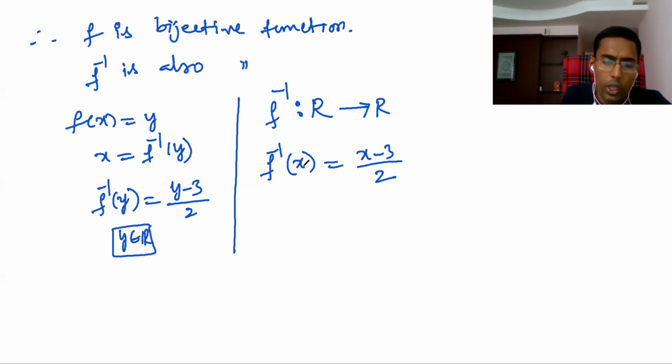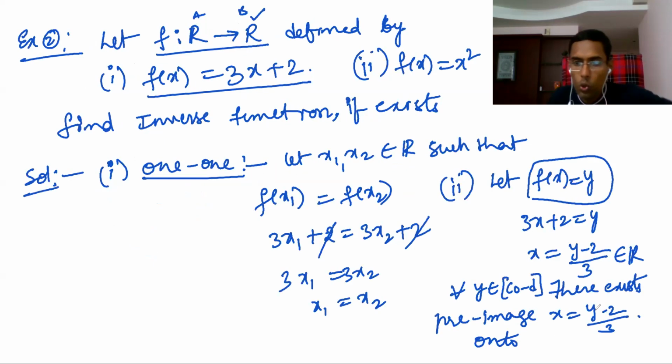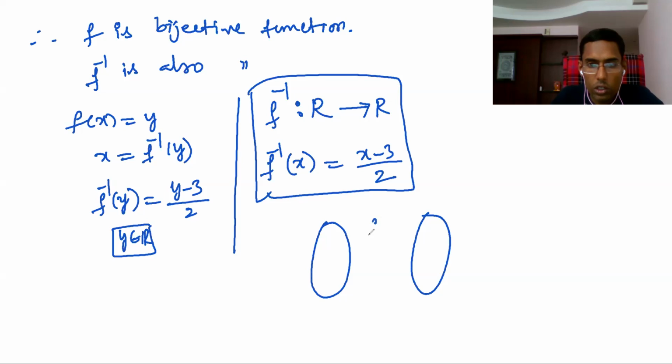If you put x also, it is the same thing, because x is also taken from the real numbers. So therefore, like this you have to find it out. It is a very, very simple method. We already learned how to find the pre-image, and that pre-image only we are writing like this. So this is f inverse, and this is R, this is R.